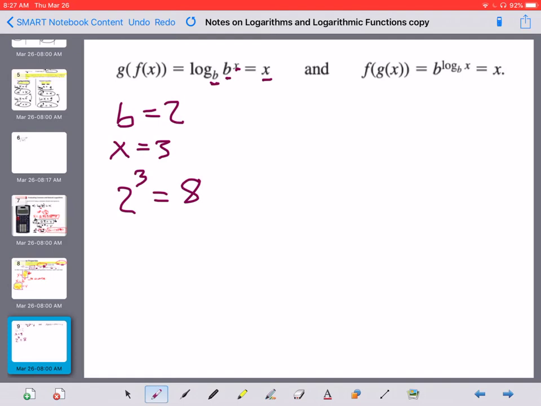We all know that 2 to the 3 is 8. All right, that's true. I can rewrite that as log base 2 of 8 equals 3, right? We know that to be true. Again, all I'm doing is just rewriting this guy as this guy, okay?